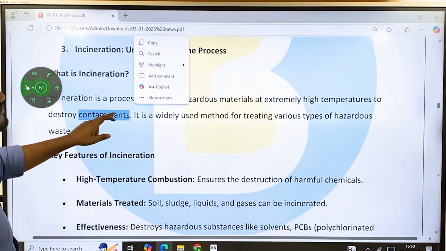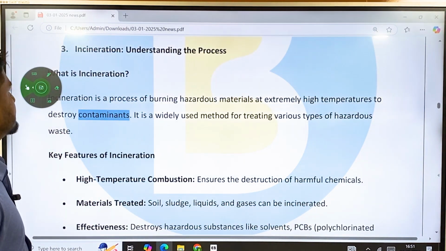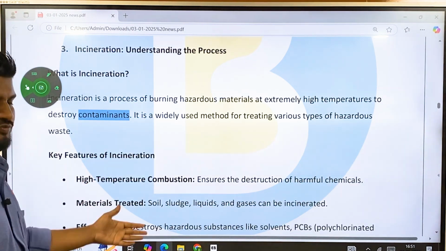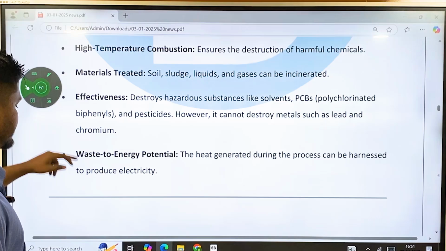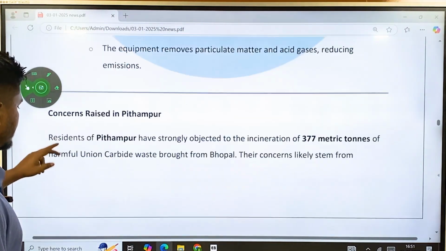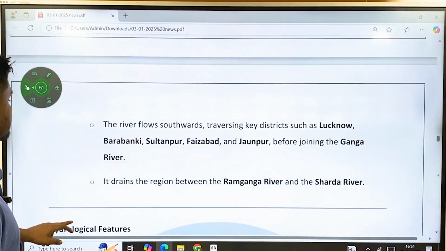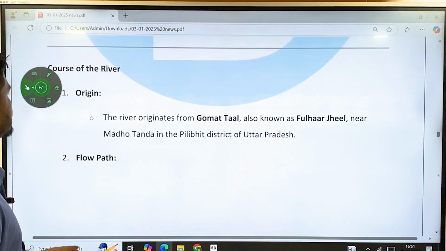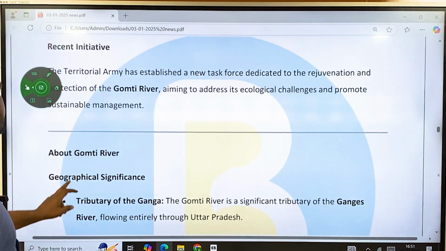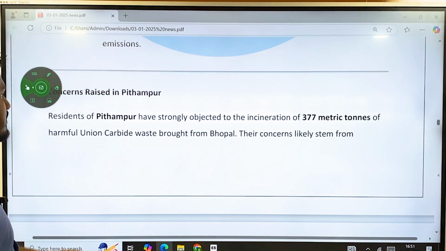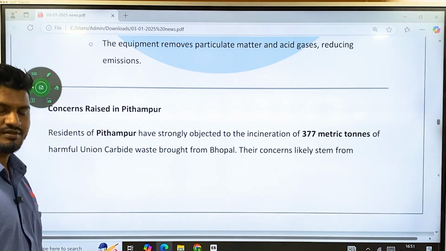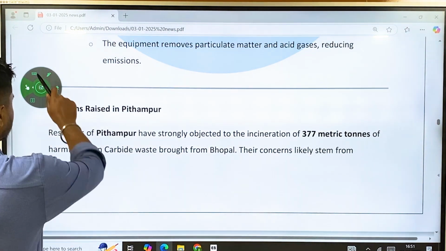Article 3. This was from Business Standard. This article deals with incineration, and also focuses on understanding the process. It is in the news because recently there is a village, Pitampur in Madhya Pradesh.